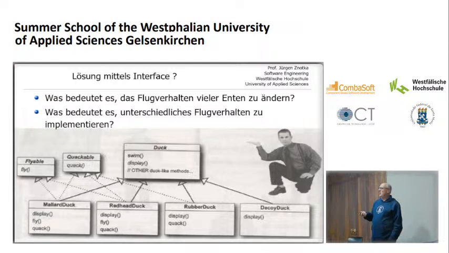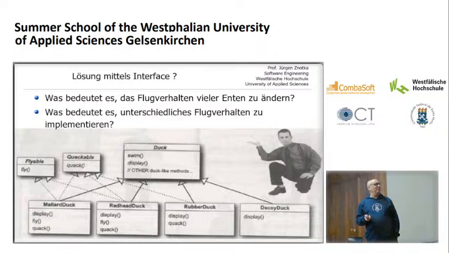We have now, you can see 1, 2, 3, 4, 5, 6, 7, 8, I hope I counted right, 9 connections between interfaces, abstract classes, and other real classes. How can I distinguish that this is an interface and this is an abstract class?